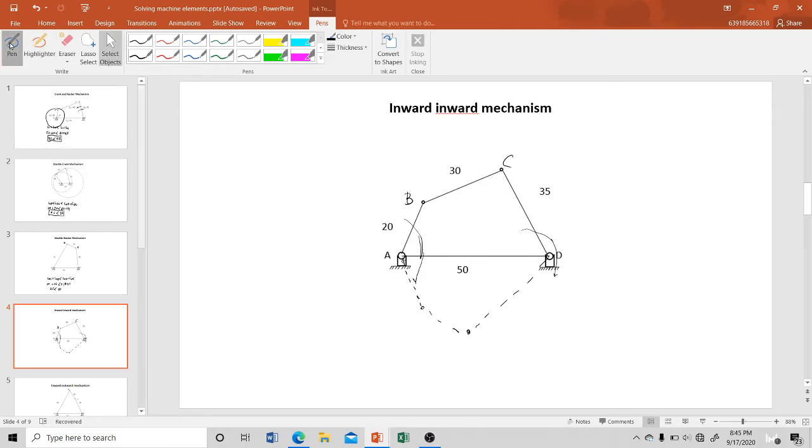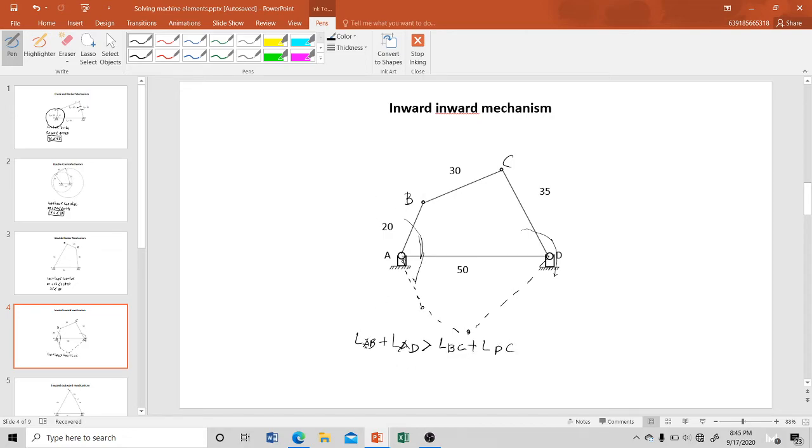So ato inspect kung nasatisfy ba siya into non-Grashofs. So we have L shortest link, we have link AB. And the longest link we have the frame or the link AD is greater than by two remaining link, which is length BC plus length DC.